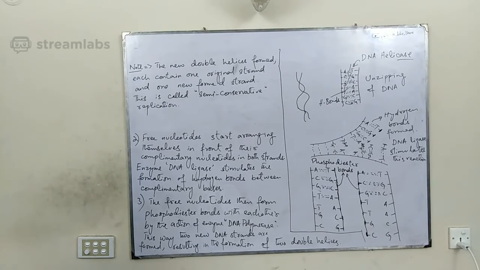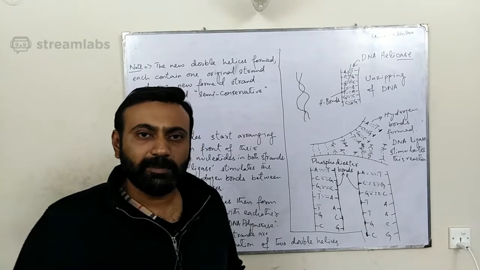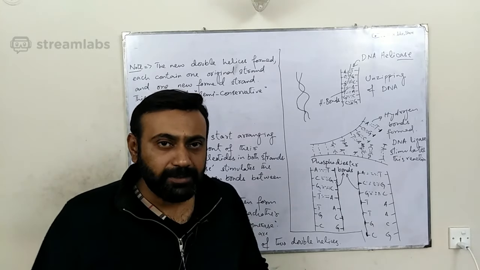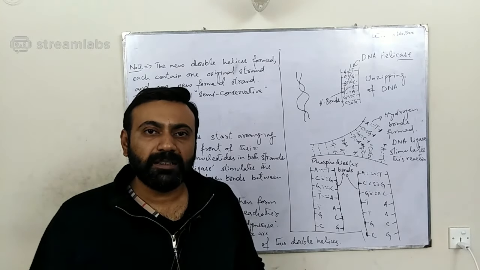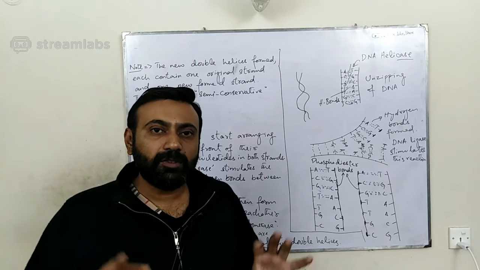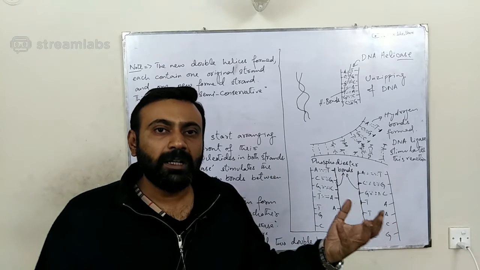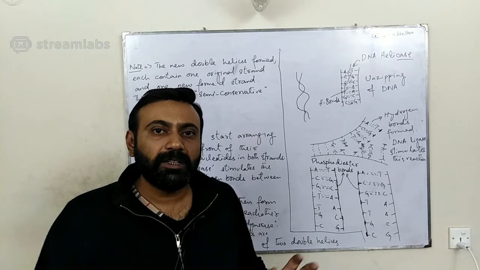Okay, we have a question: why does unzipping of DNA take place? It has to take place, because if it doesn't, there would be no DNA replication. And if there is no DNA replication, then the same sets of DNA would not be transferred to the new cells which are formed during cell division.